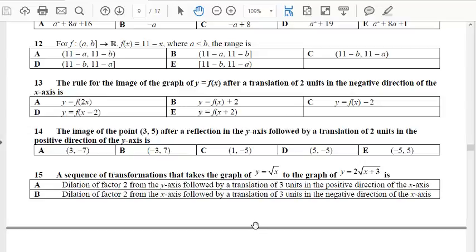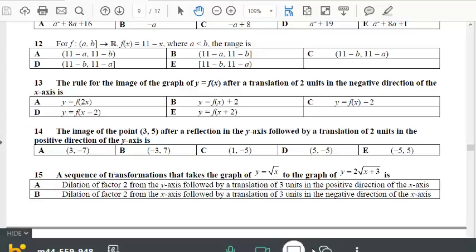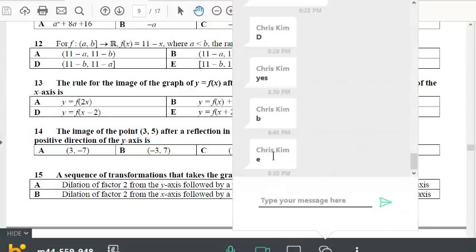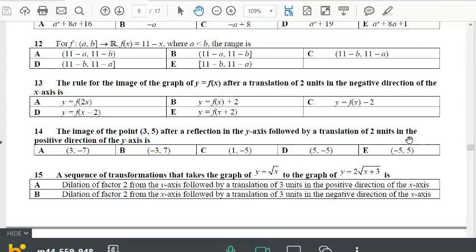It's moving to the left by 2. The answer is E.